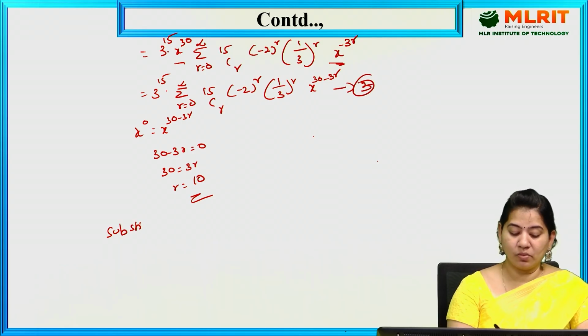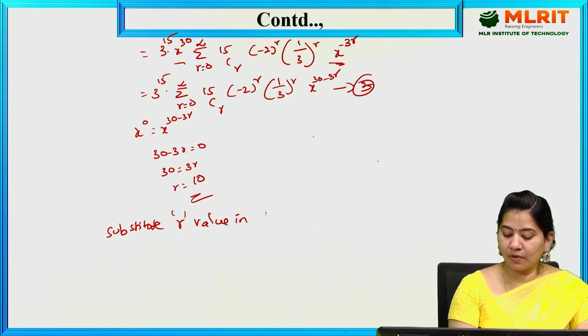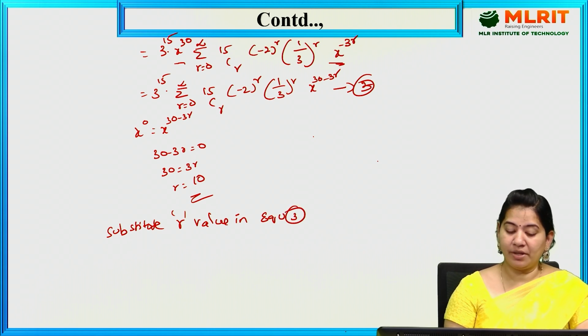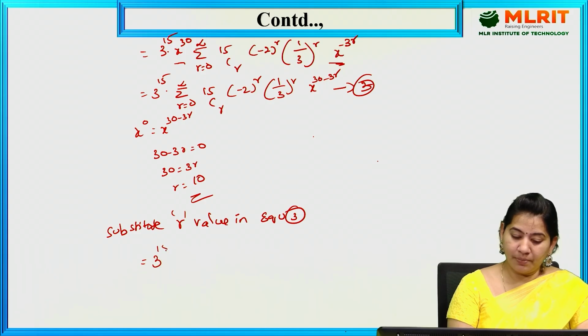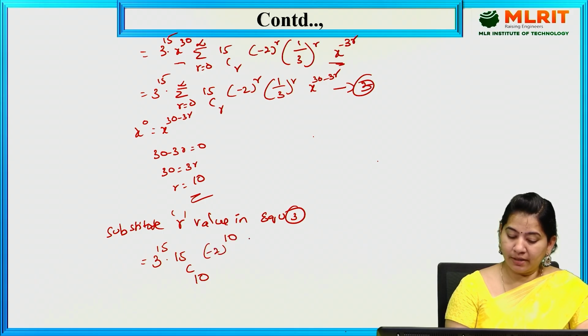Now substitute the r value in equation 3. So it will become 3 power 15 into 15C10 into minus 2 power 10 and 1 by 3 power 10.